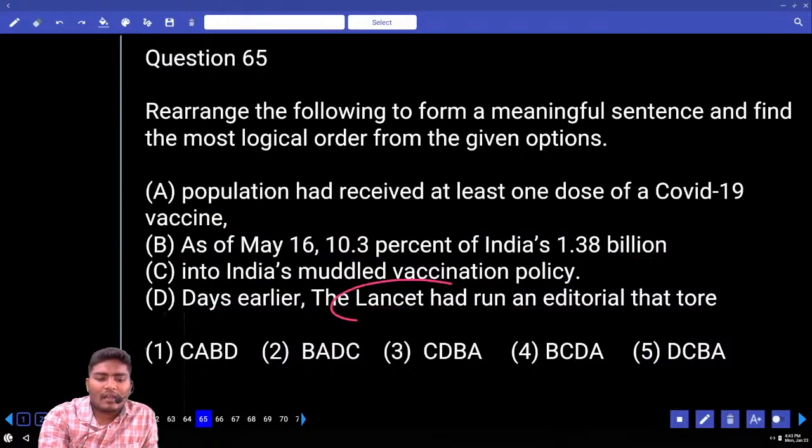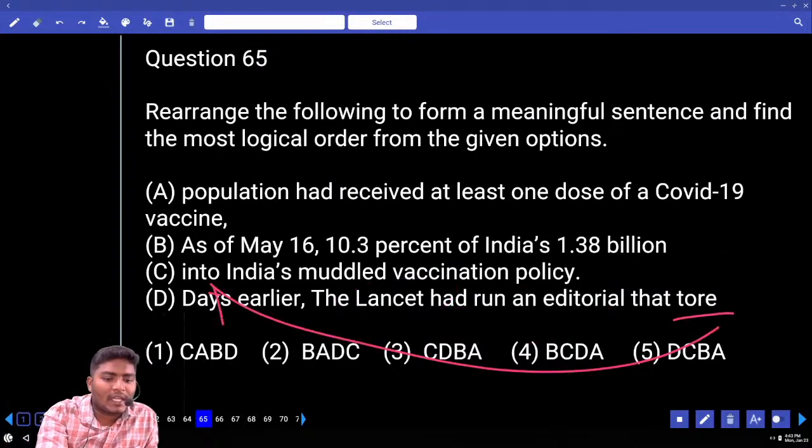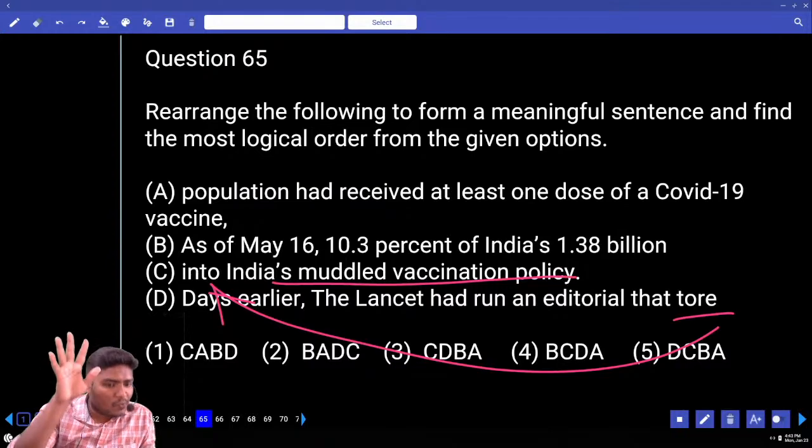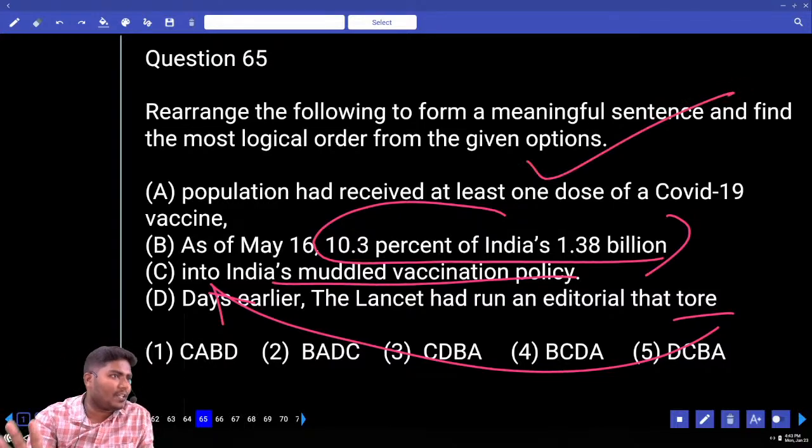See, Lancet is nothing but an editorial. It is an organization which has released an editorial. It is just like a research. Now, in that research, it had researched into India's muddled vaccination policy, where it has witnessed nearly 10.3% of the India's population had received a dose of COVID-19.